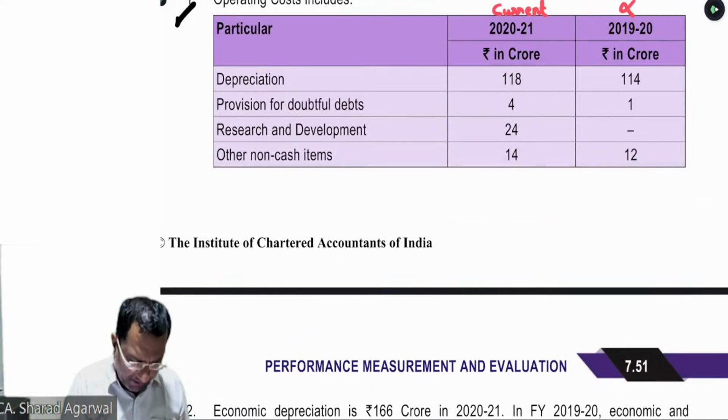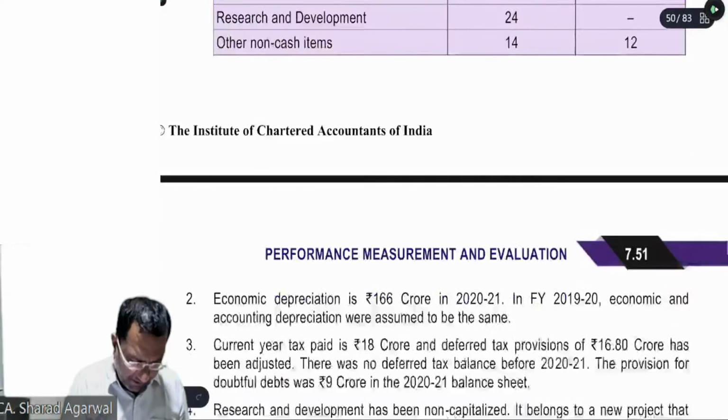So what we have to do? We have to find out the economic profit. First of all, in accounting profit, 118 crore has been deducted, so this should be added back. And to find out the profit, we should deduct the economic depreciation, that is 166 crore. Is this adjustment clear to you?